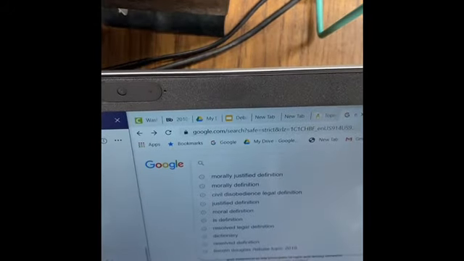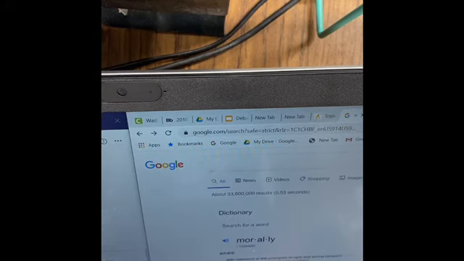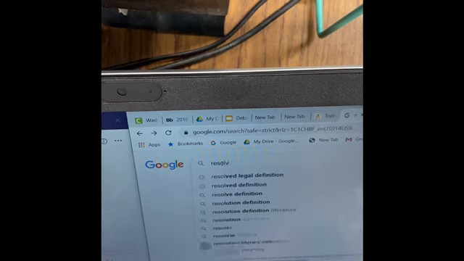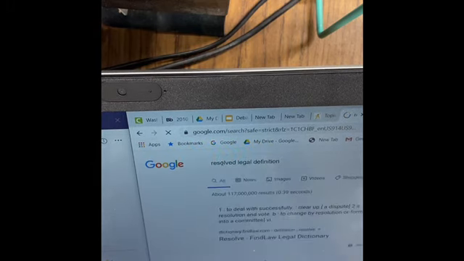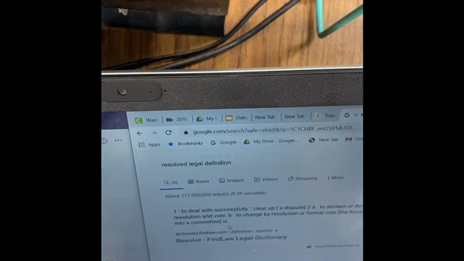Okay. So we're going to look up resolved legal definition. And it says right here that the legal definition is to deal with successfully, clear up a dispute, to declare or decide by formal resolution and vote.